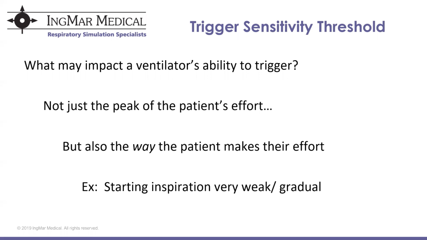So what we are going to do today is an experiment where we check the peak sensitivity, or the effort the patient makes as a peak pressure, and we will keep our patient's effort in the same shape, so it will not be changing the gradual slope or the attack, if you will, of the patient. So what do you need for an experiment like this?